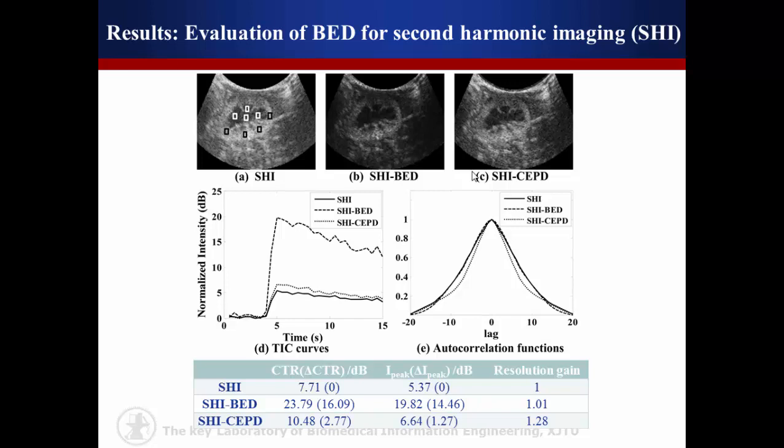Then, considering the nonlinear response of microbubbles, BED for second harmonic image was studied. In this case, the tissue term in the convolution model was firstly suppressed by second harmonic filtering.